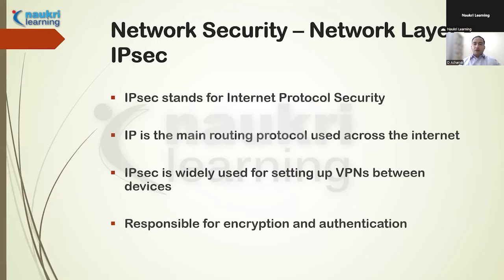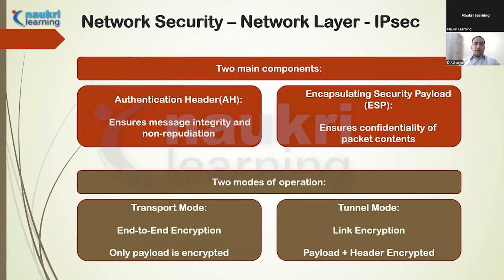Moving on, we have another slide on network security at the network layer, which is IPSec. IPSec has two main components. One is the authentication header, the other is the encapsulating security payload. AH, the first component, ensures message integrity and non-repudiation.